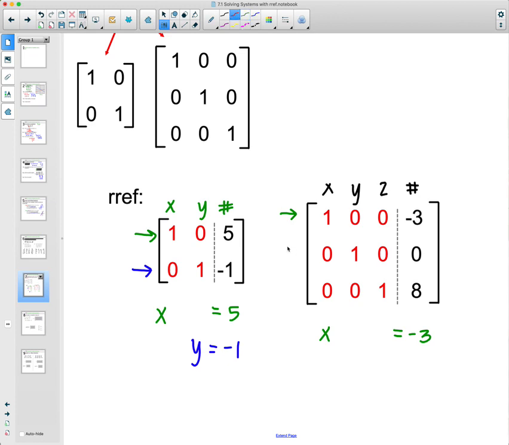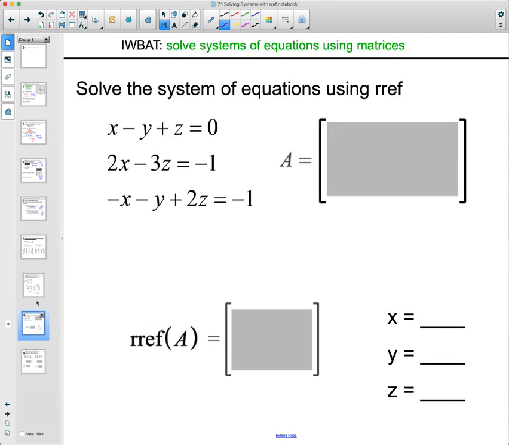This middle one would say 0x plus 1y equals 0. And this bottom one would say 0x plus 0y plus 1z equals 8. So you get x equals negative 3, y equals 0, z equals 8. So if we can get it down to this row reduced echelon form, then we have our answers. So let's take a look.